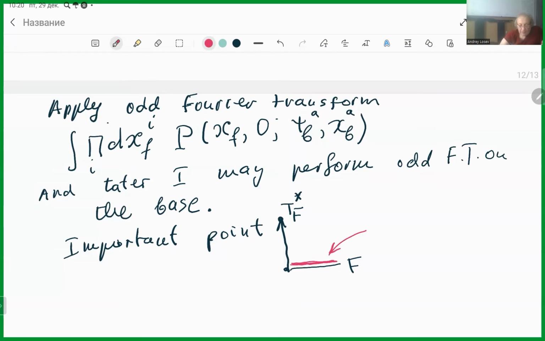And this is a Lagrangian submanifold in T star F.